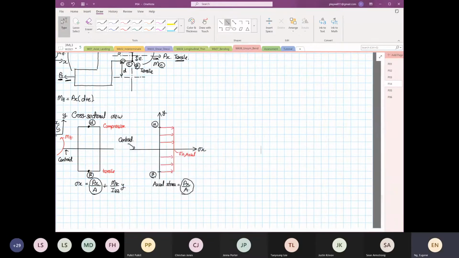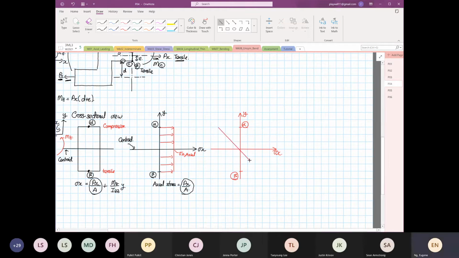Okay, so now this is my stress X, right? And this is our Y, right? And based on our alphas, this is my point beta, right?